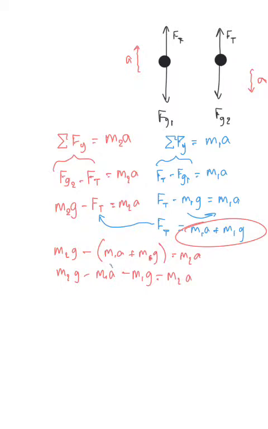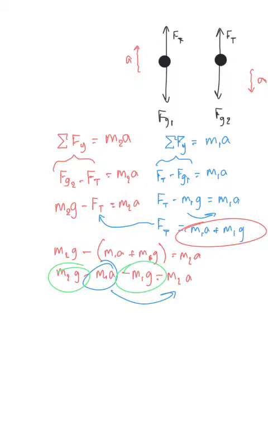Now I'll do two steps at once. I'll bring this negative m1a over to this side of the equation and factor out the a at the same time. And while I'm at it, what's left on this side, the m2g and the minus m1g, I'll factor out the g.